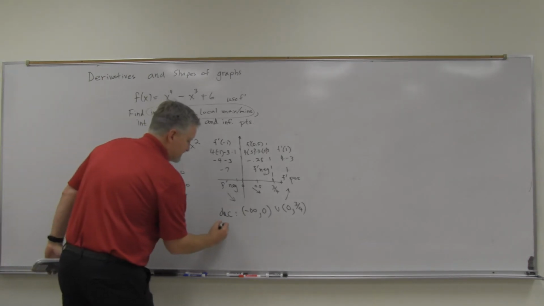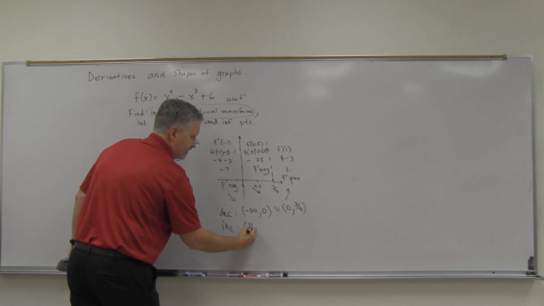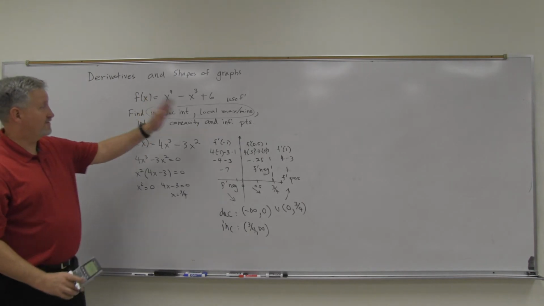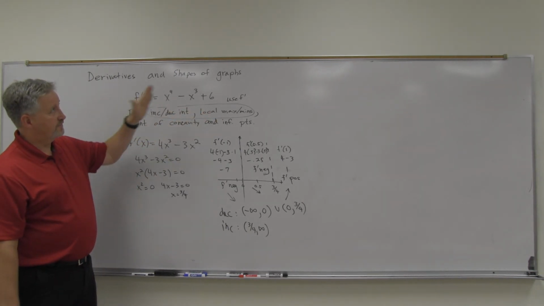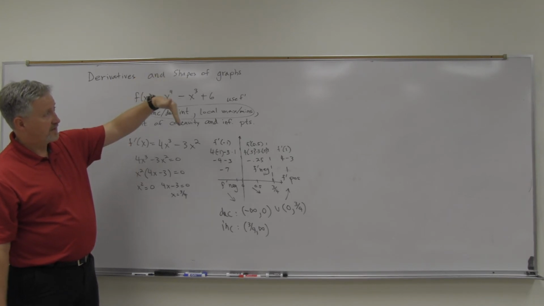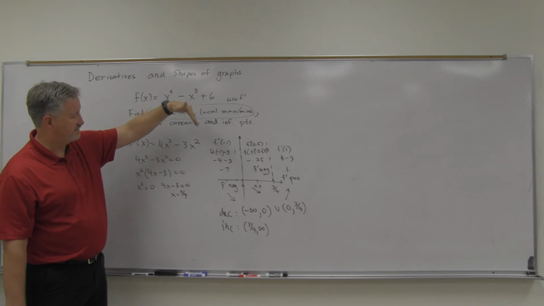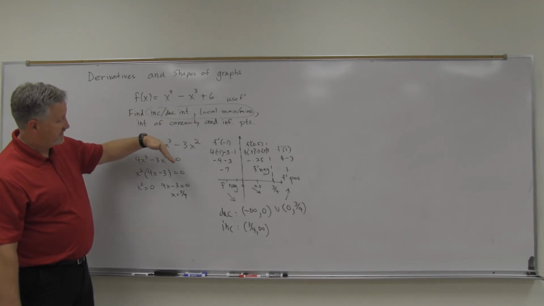All right. Then it's increasing from 3/4 on. That also gives me my local maxes and mins. To be a local max, it needs to go from a positive to a negative change. To be a local min, it needs to be a negative to a positive.